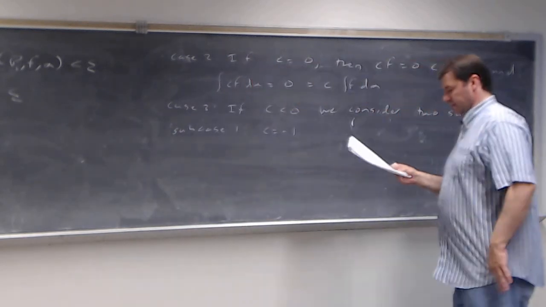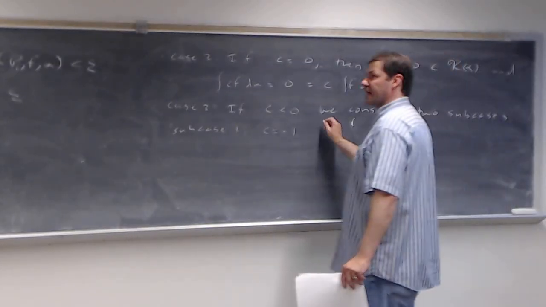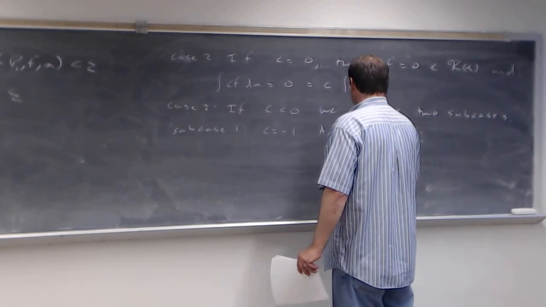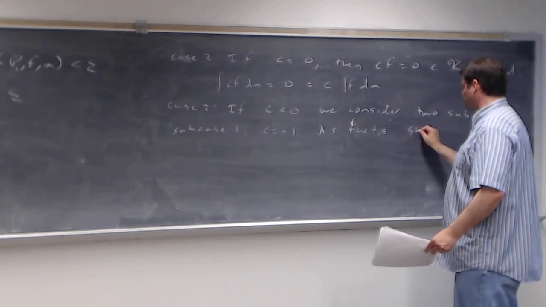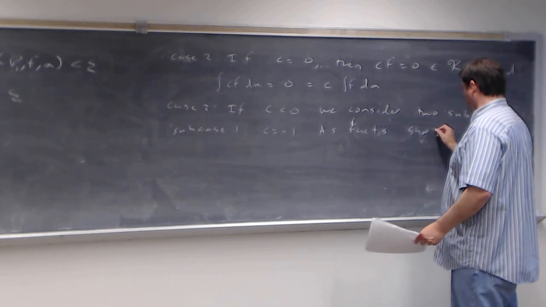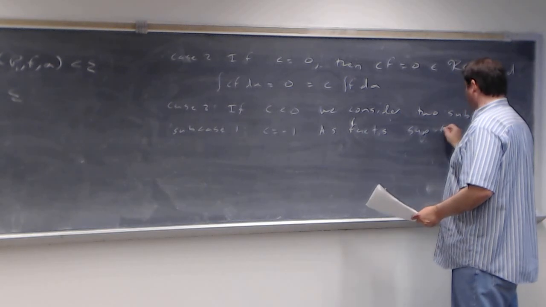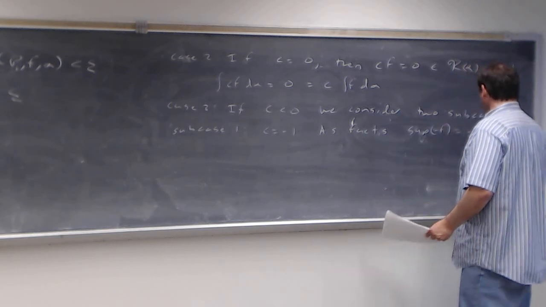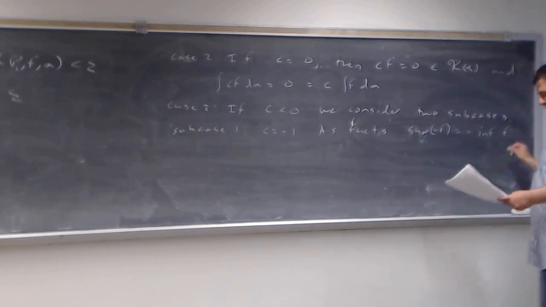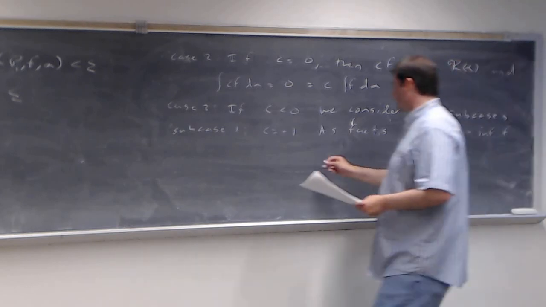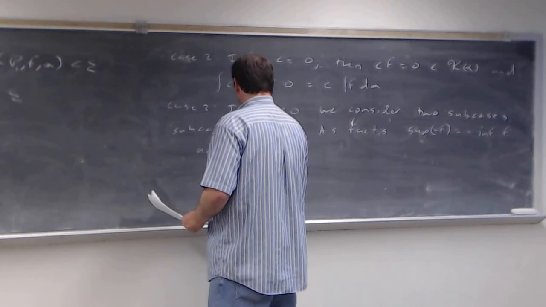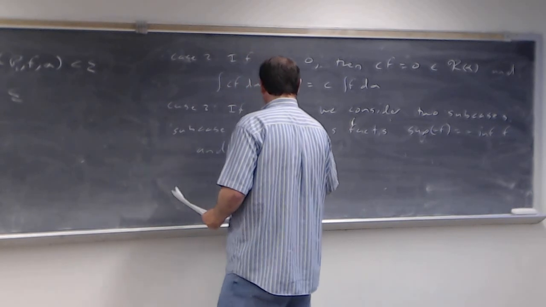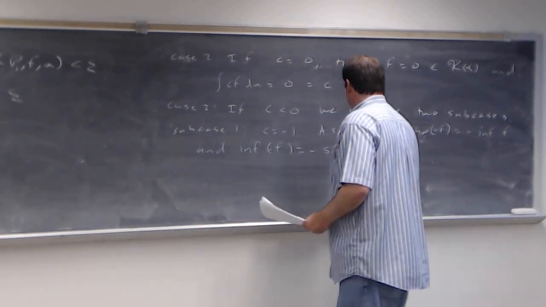And here's what we'll say. As facts, it turns out that the sup of minus f equals minus the inf of f, and the inf of minus f is equal to minus the sup of f.